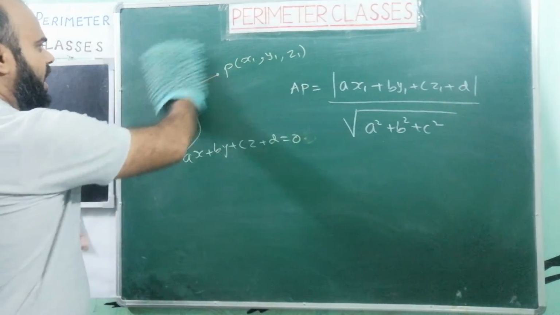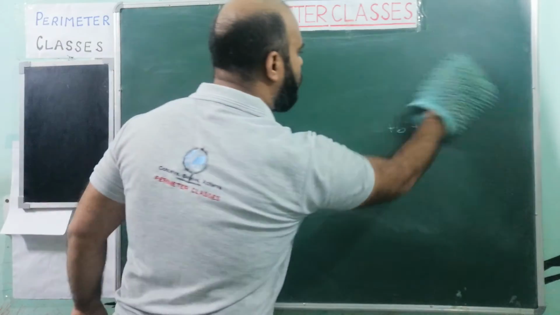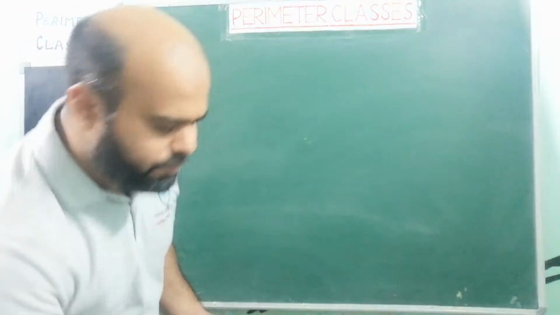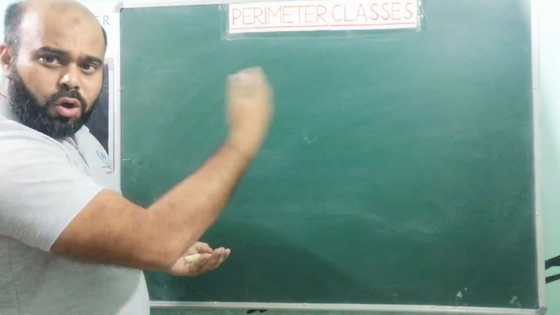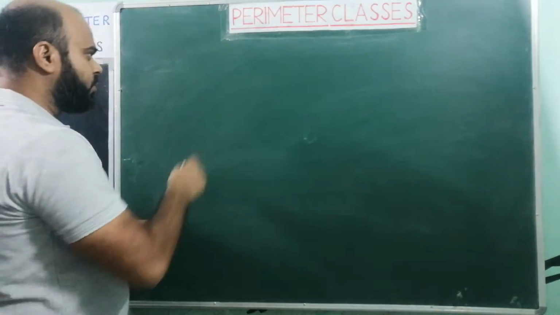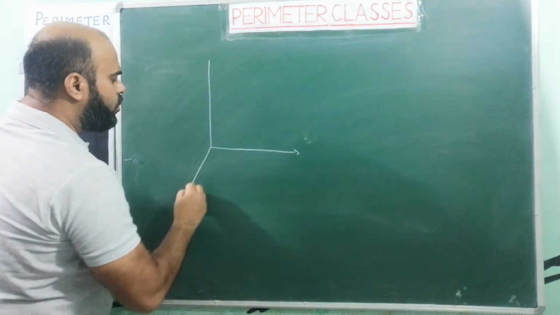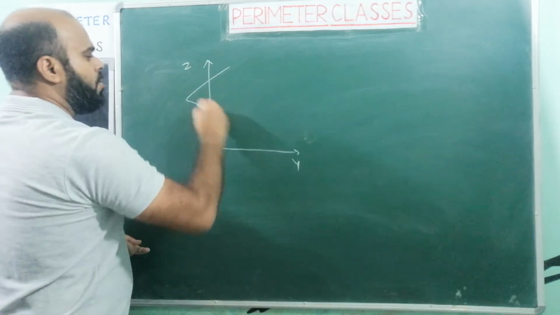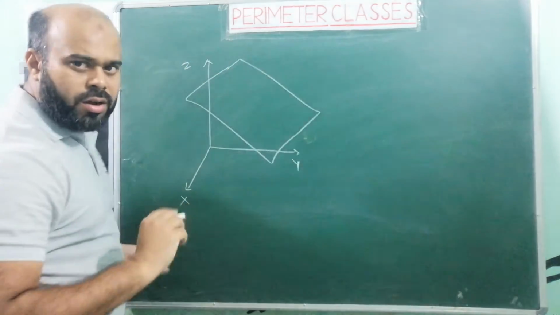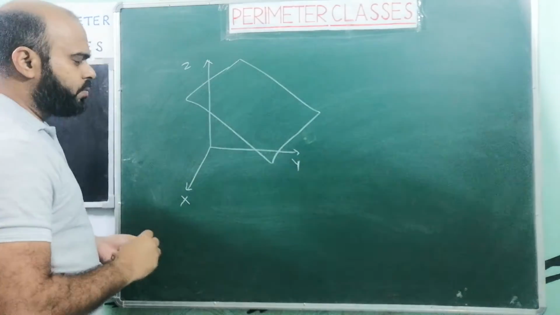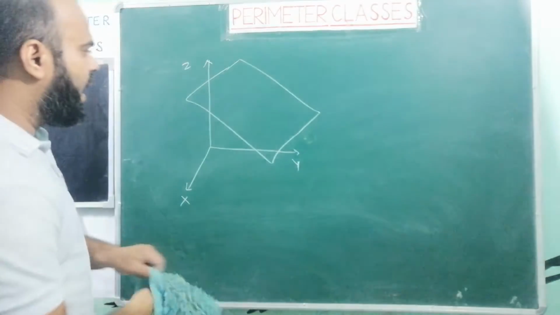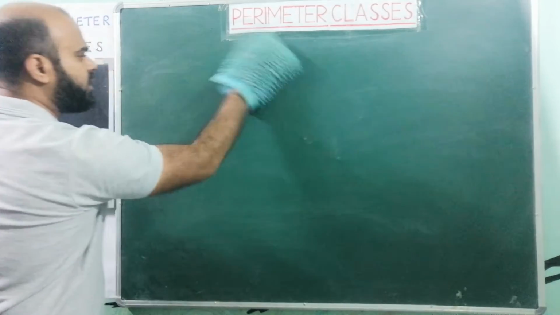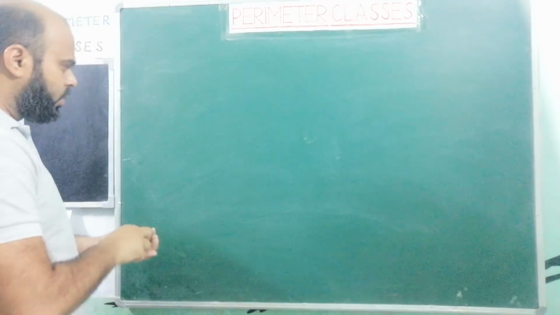Now, as I have said, we have proved it for a case where the point and the origin were on different sides. But if you want, you can do it in this manner also, considering the same system. Suppose the point and the origin are on the same side of the plane.